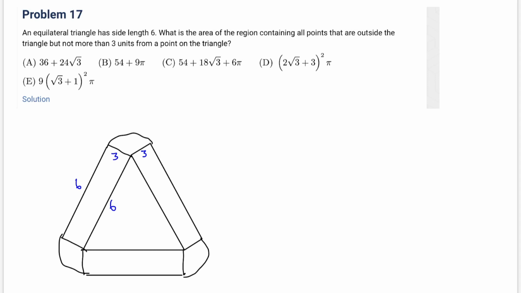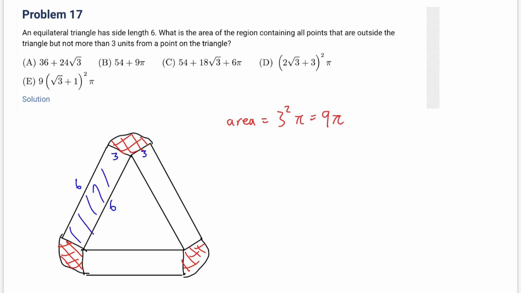So first, the area of these: if these three are all tied together, then it will make one perfect circle, right? So the area would be 3 squared pi, which is 9 pi.